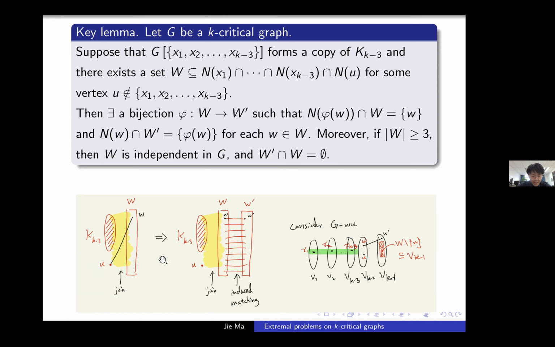As we see here, those k minus 2 vertices are completely joined to W. Now, given this, we are able to say there's a new set W prime, and between W and W prime there is an induced matching.